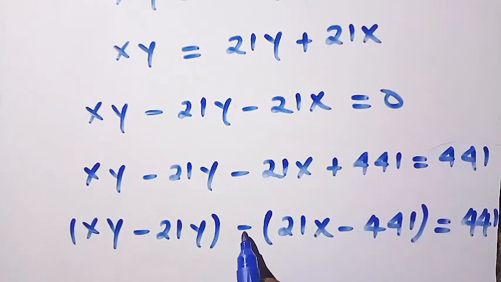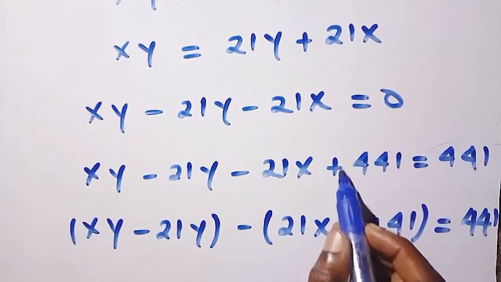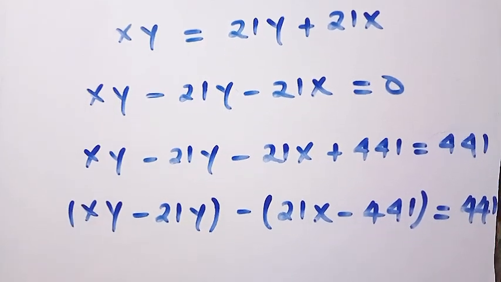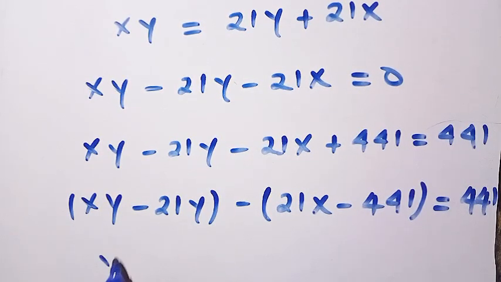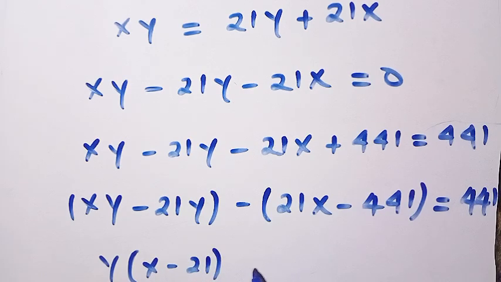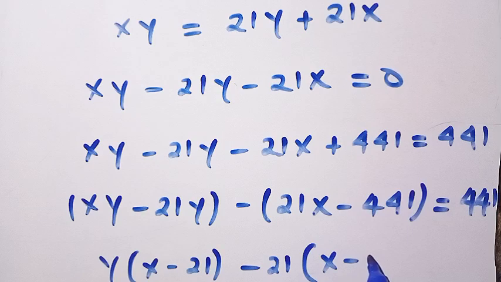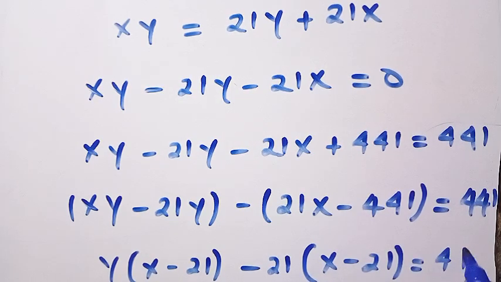When we factor out the negative, we get positive when we expand. Looking at this, y is common. Let's factor out y. We have y times x minus 21, minus factor out 21, we have x minus 21, equals 441.